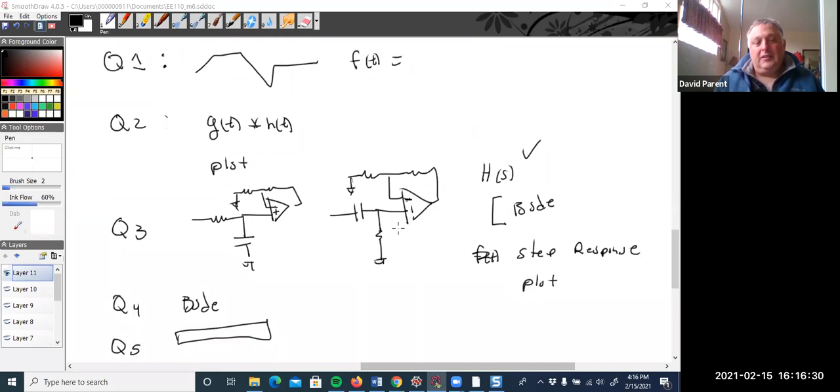But you can see that there's a lot that goes into it. And this one, in case you didn't hear, is I'll give you 2 functions, which are like steps and ramps, decaying exponentials, and I have you convolve it and plot it. Okay.